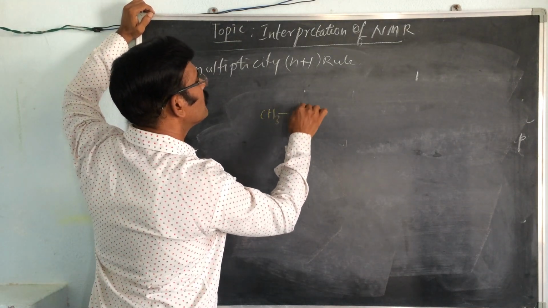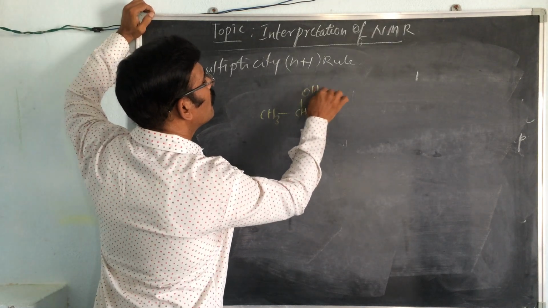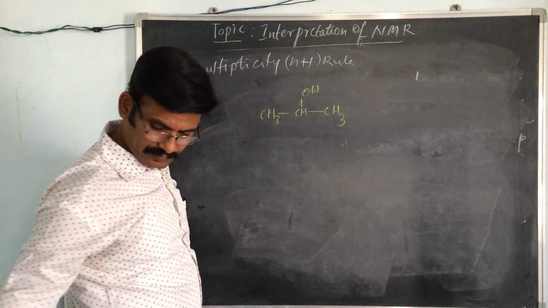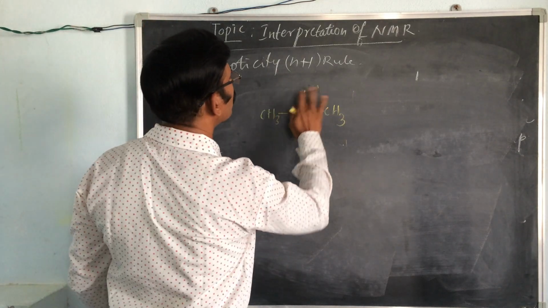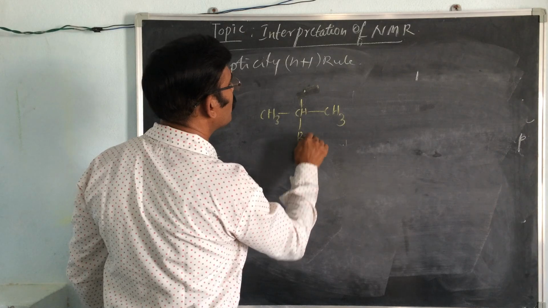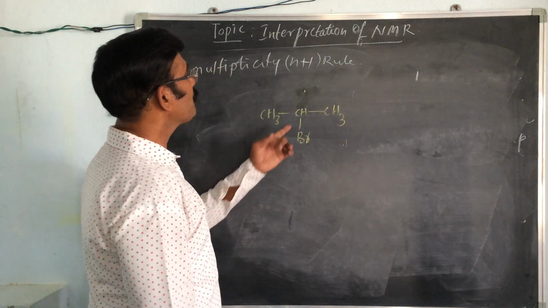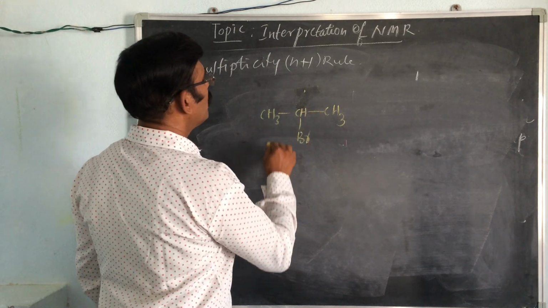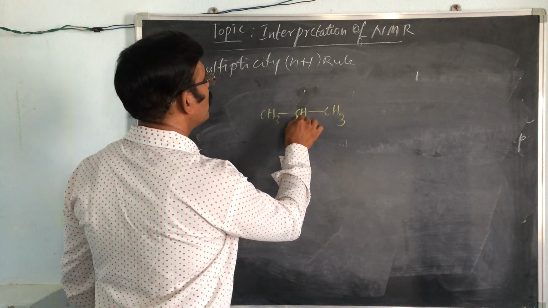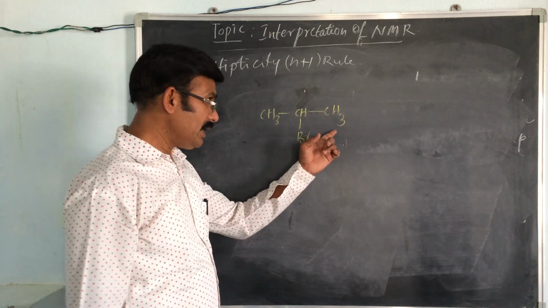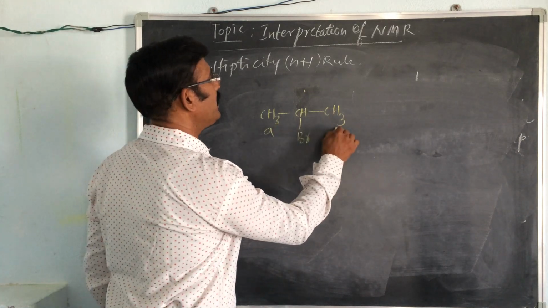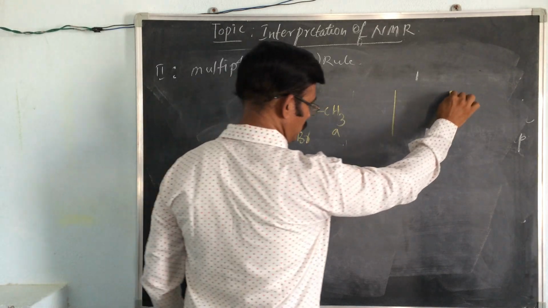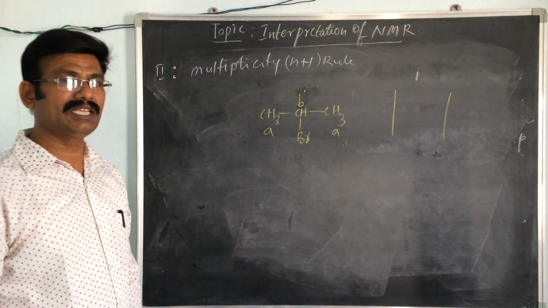CH3, this one. Okay, here see, the environment is the A and A. So B, this means 2 peaks will come.